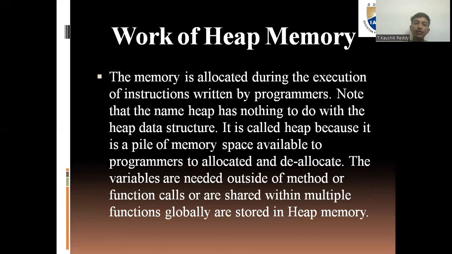Work of heap memory. How heap memory works: the memory is allocated during the execution of instructions written by programmers. Note that the name heap has nothing to do with the heap data structure. It is called heap because it is a pile of memory space available to programmers to allocate or deallocate.